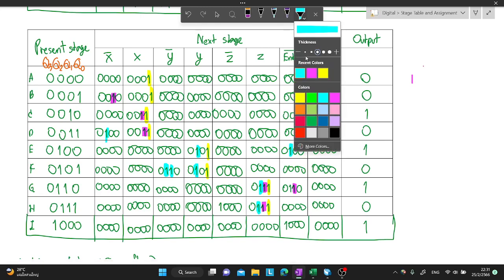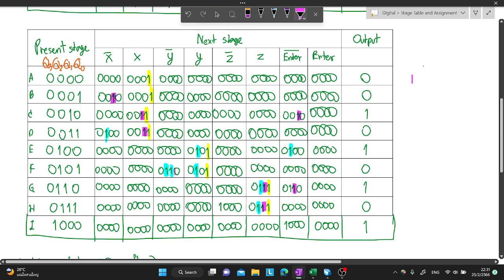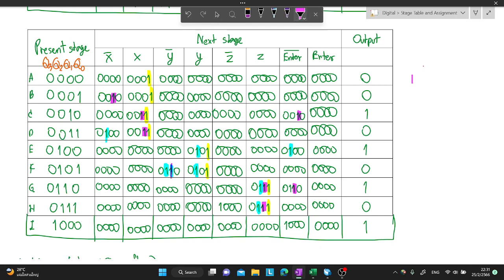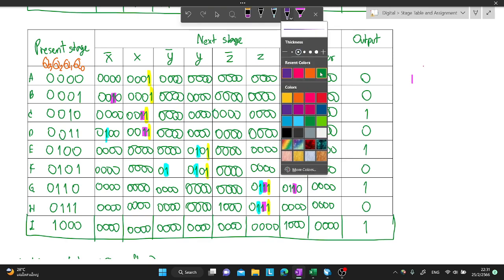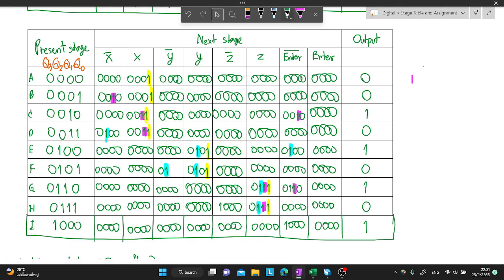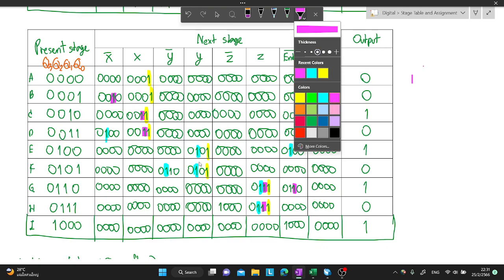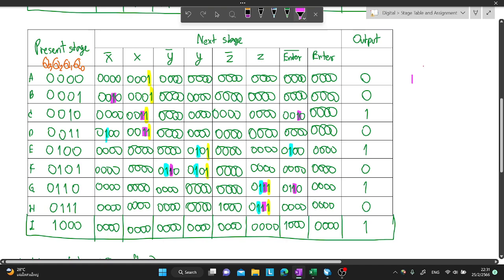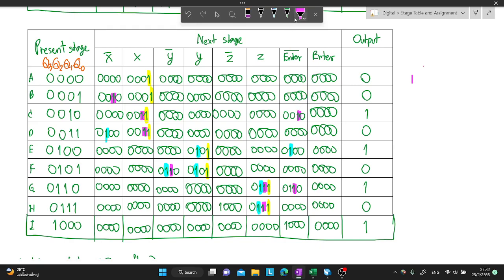I have a little mistake in here. So I think, and the last one in here.